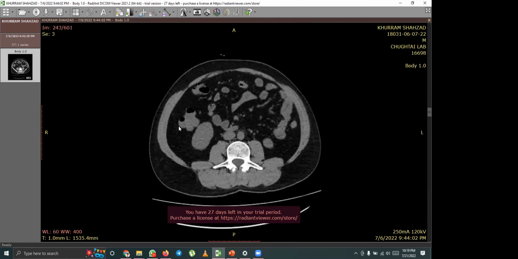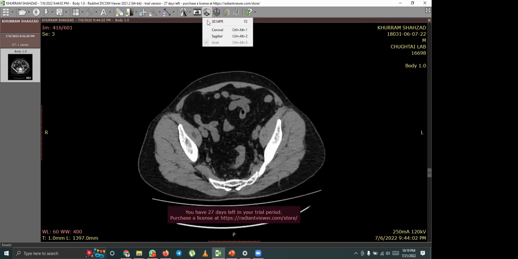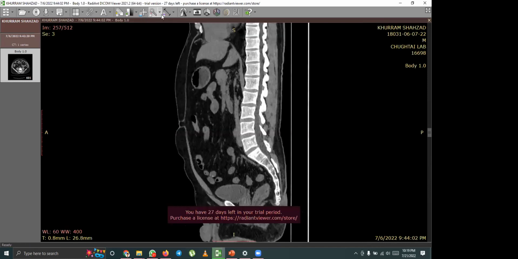When you see only a film of the patient, only 16 or 70 of these 600 images will be presented. It means that you will see only very few slices of the patient, and you will see this area, this area, then probably this area. All the pathologies in between these areas will be totally missed. And you will be responsible for that because you have already given the report as normal.